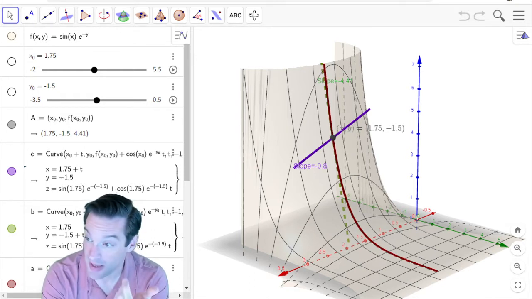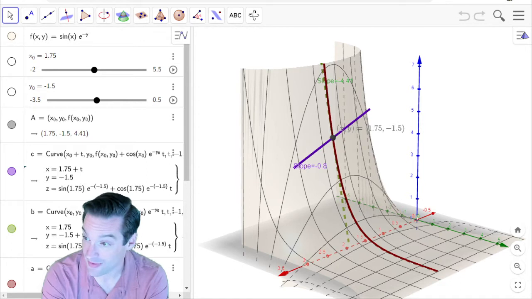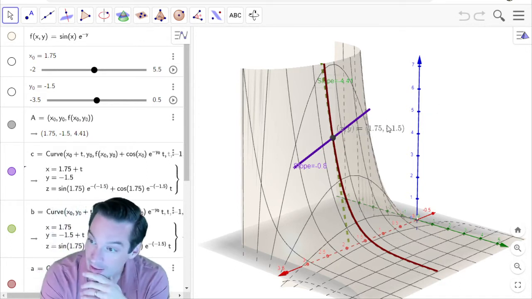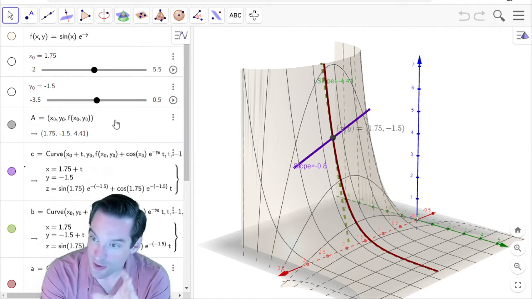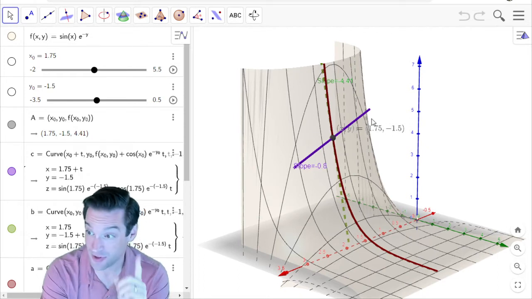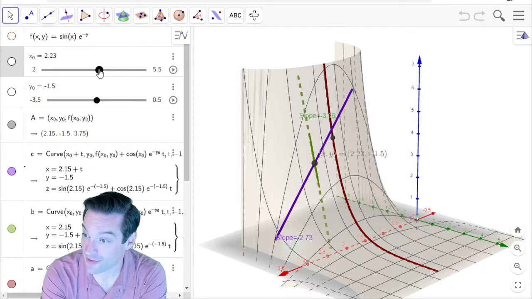That slope is minus 0.8 according to this. As well as a tangent line in the y direction, so a constant value of x. This has a slope which is the y partial derivative. That slope is negative 4.4. And so the x partial derivative of the x partial derivative is giving me information about how that purple slope, which is the x partial derivative, changes as we increase the value of x.